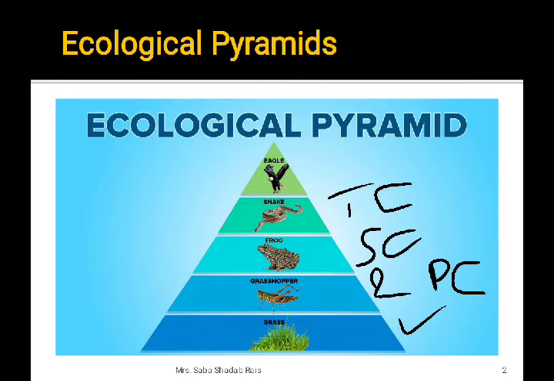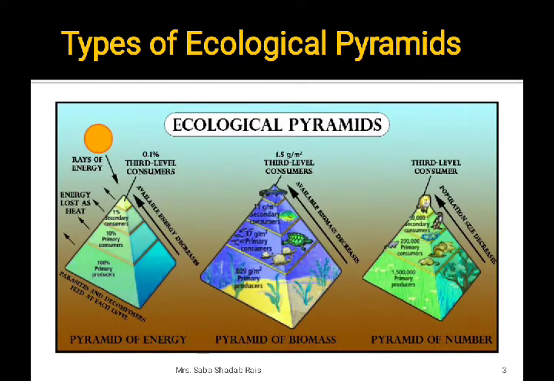And the top predators feed on the tertiary consumer, and they are also called the quaternary consumer or the top predator. Now see, these ecological pyramids are of various types, because as I told you, in nature these levels are understood by various forms of the pyramid.